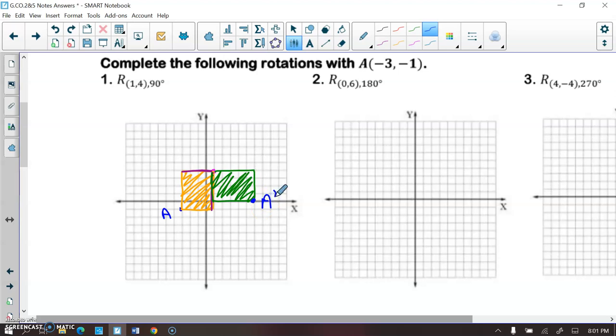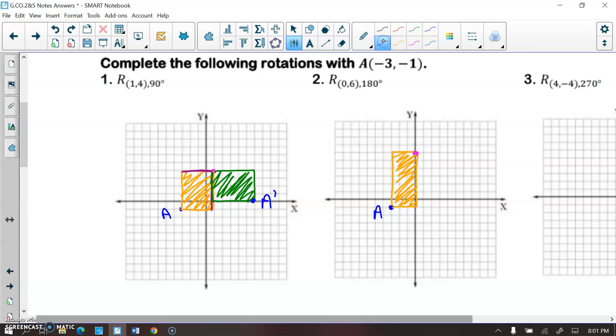All right, moving on to my next problem. Starting with the same exact point, A at -3, -1. My center of rotation is at 0, 6. And so I'm going to connect point A to that center of rotation using a box. And it looks like this one might go off the graph for us, but that's okay.